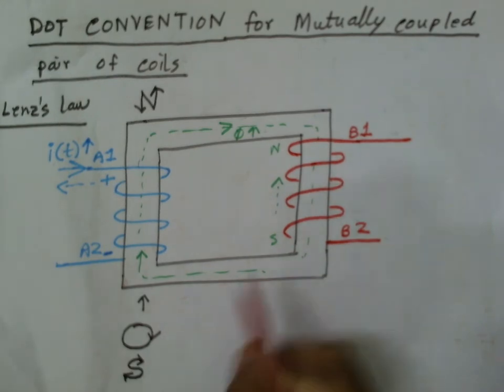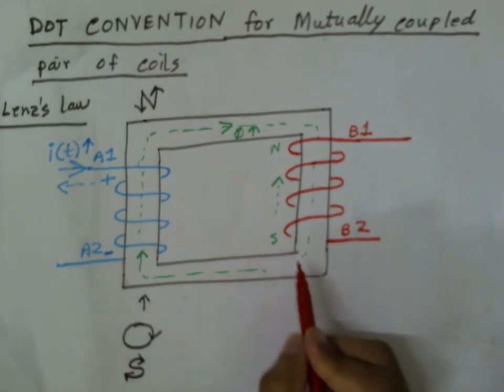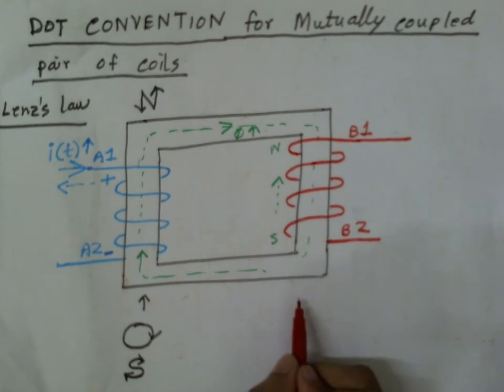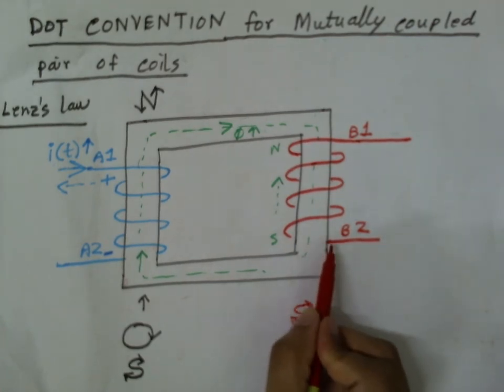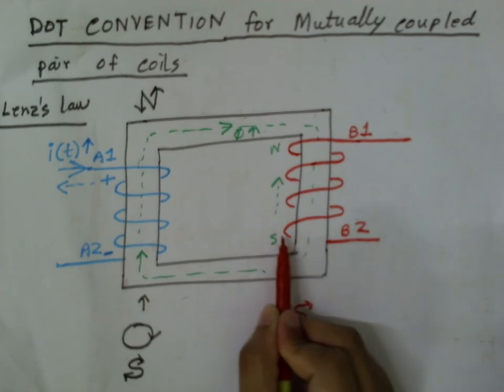Now to make this side a south pole, the current should rotate in a clockwise direction. Therefore, the current should rotate like this.